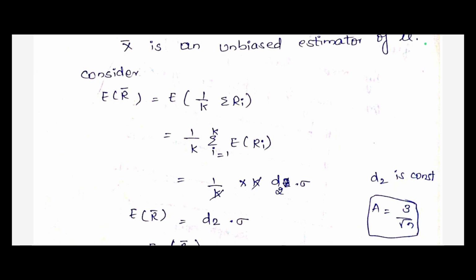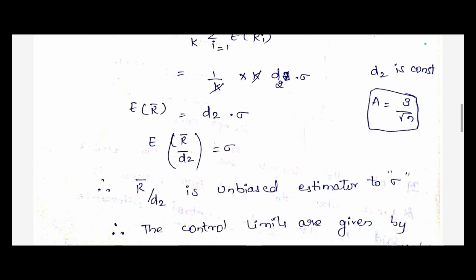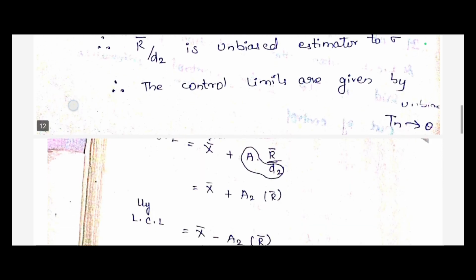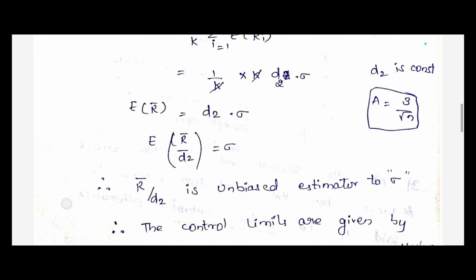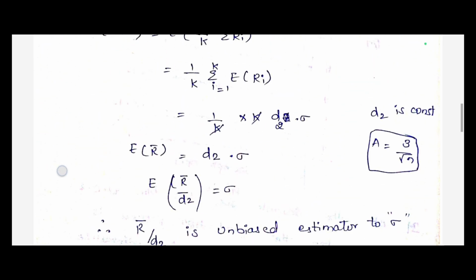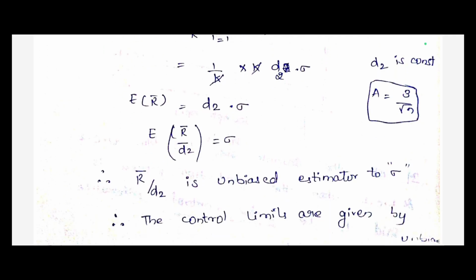Here A involves 3 divided by root n, and d2 is a constant. Expected value of R bar is d2 into sigma, so R bar divided by d2 is an unbiased estimator for sigma.